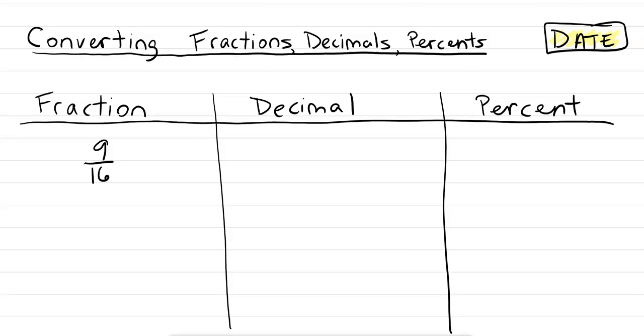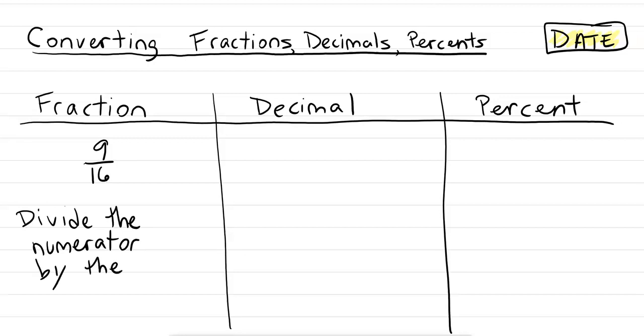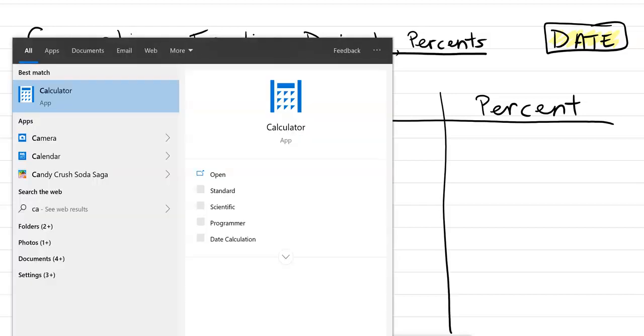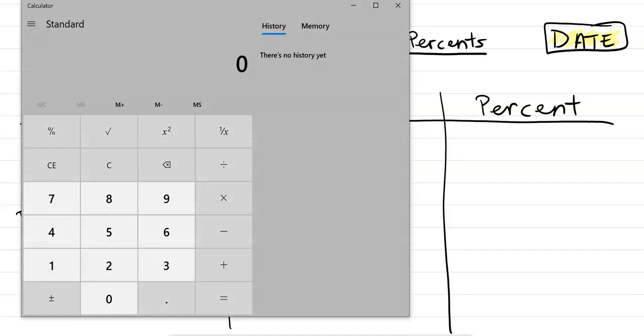So if you're given the fraction and you want to turn it into a decimal, all you need is a calculator, and you're going to divide the numerator by the denominator. So in our example, we're going to take 9 divided by 16.